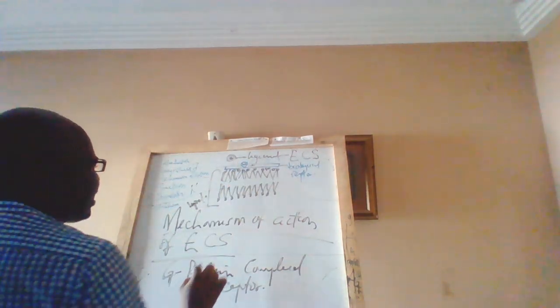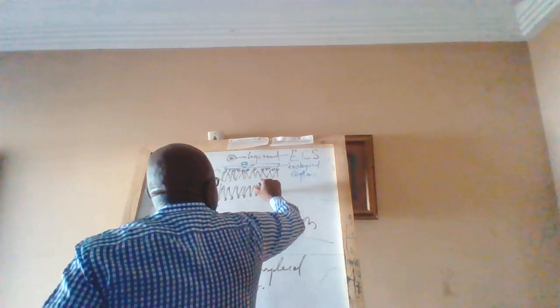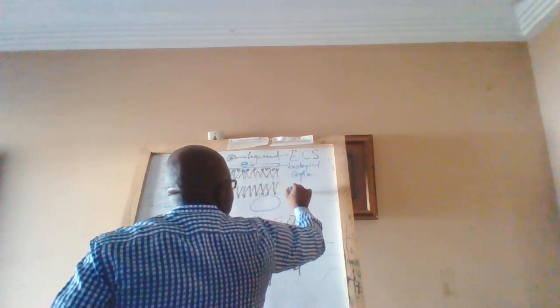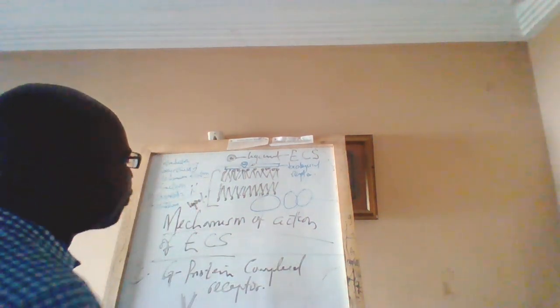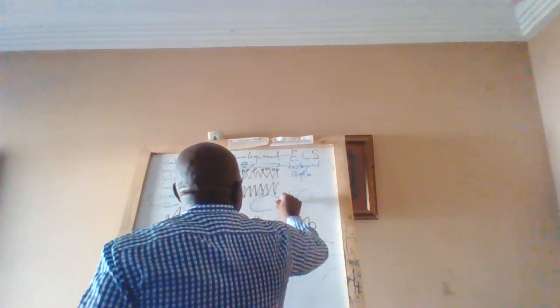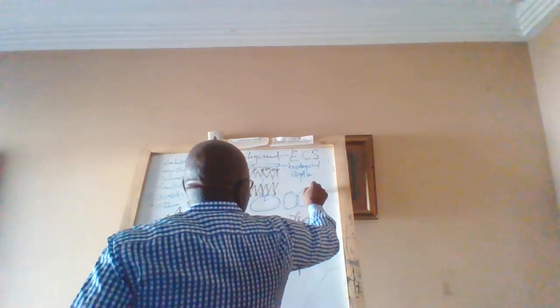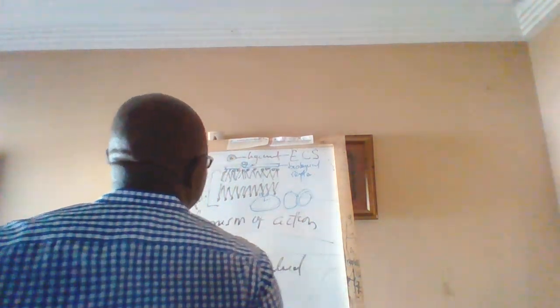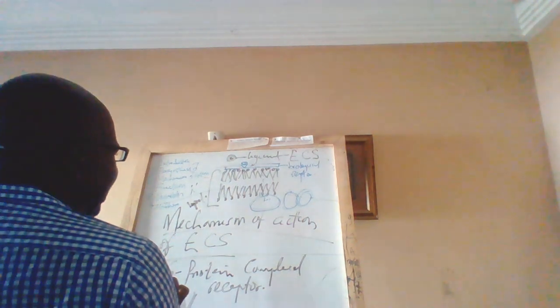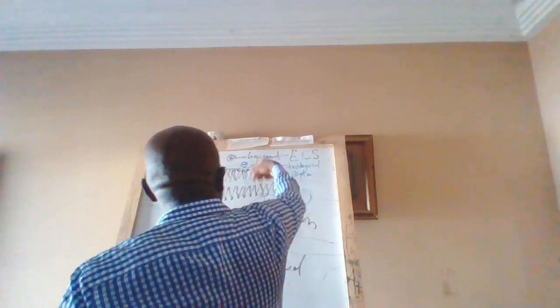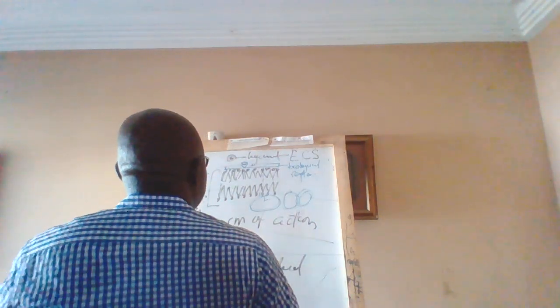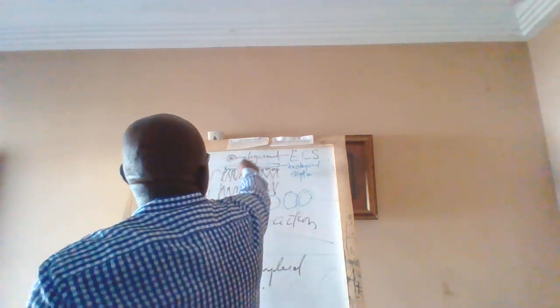As the ligand binds here, it activates what we call the G protein coupled receptors, that are linked via molecular connection to the molecules of these subunits of the G protein coupled receptors, right? These are 7 transmembrane receptors that are coupled to the G protein.